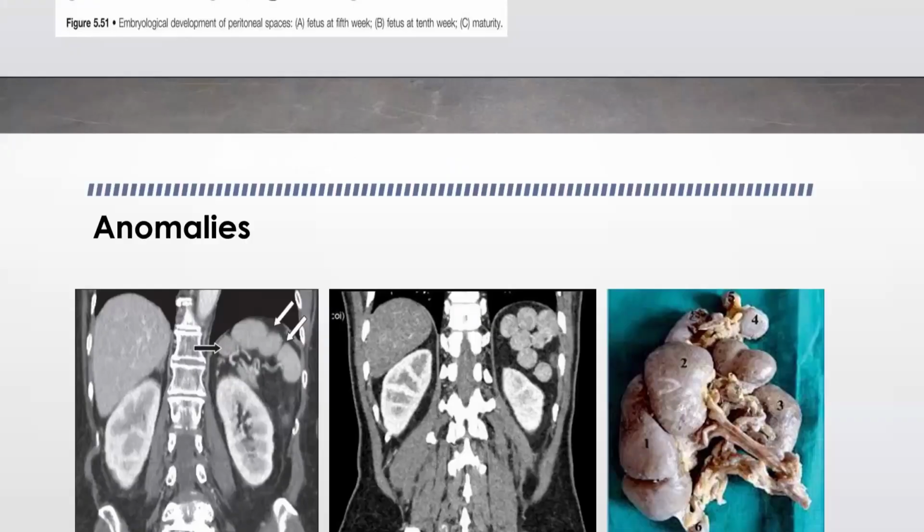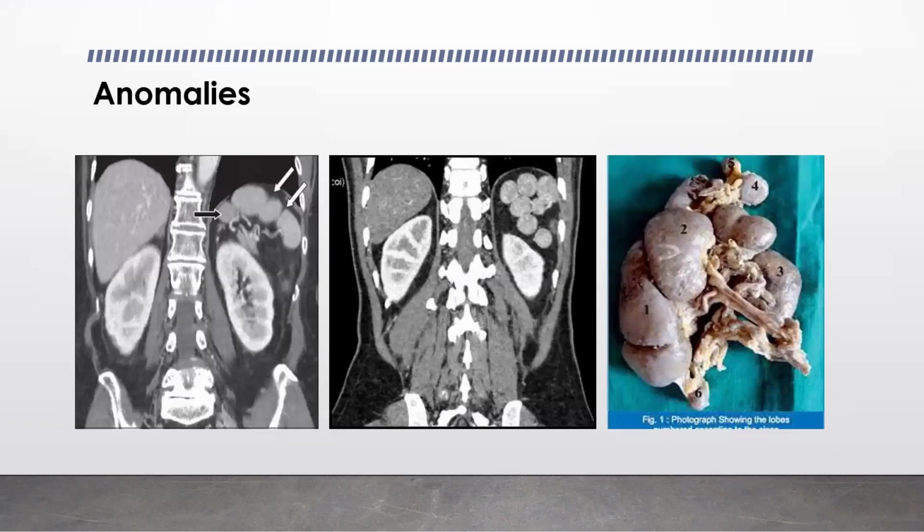Actually, most of the anomalies that we have in the GI will be seen on X-ray. At this point, you can see the reason why I'm saying this is the left side, because you can see multiple spleens. This is the right side because you can see the liver, and these are the two kidneys.